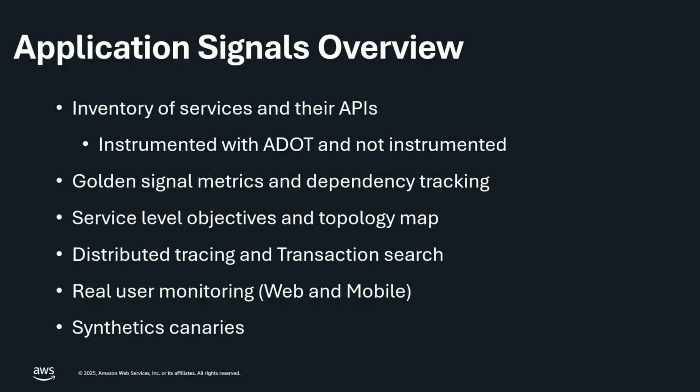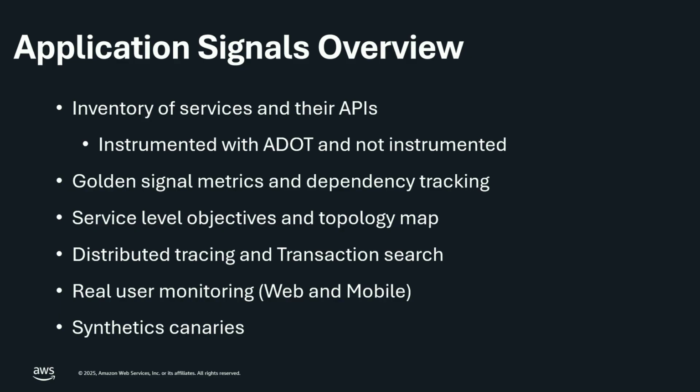So like we discussed, it is based on distributed tracing. And last year, we introduced the concept of transaction search. So what we are doing is, we are taking your traces and then storing them as logs. So any kind of transactions that are available in your business applications, you can go ahead and search for it, the typical way you would do with CloudWatch Logs, right? So we can do that.